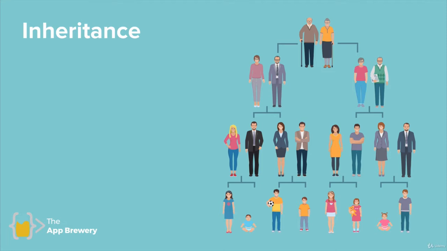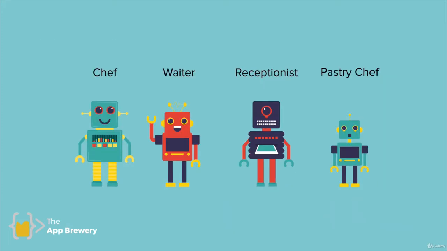Similarly, our classes can inherit from a superclass or a parent class, and it can inherit properties as well as methods. And this is important because when we're abstracting our program and we're creating lots of different modules, lots of different components that all take care of a specific task, it's likely that we will have some duplication in their functionality.